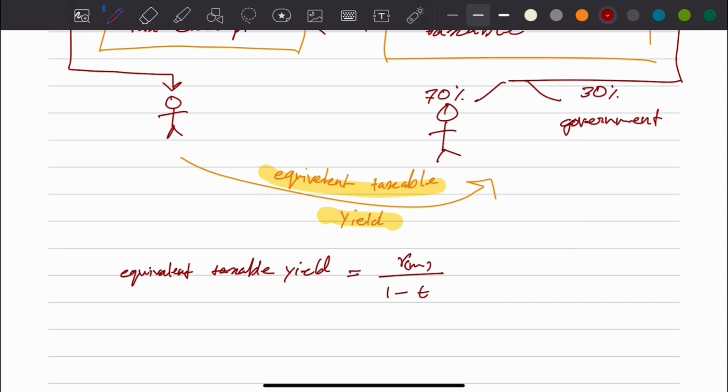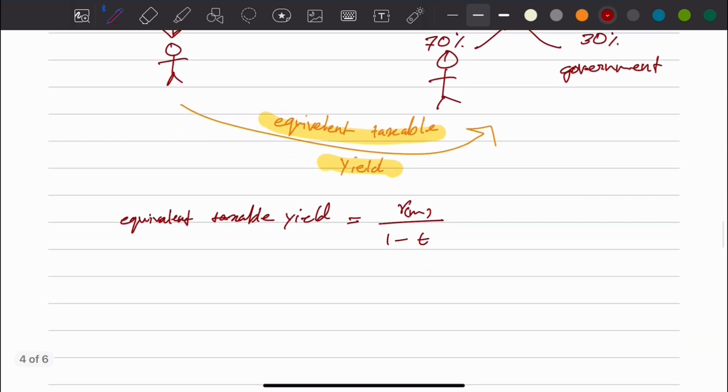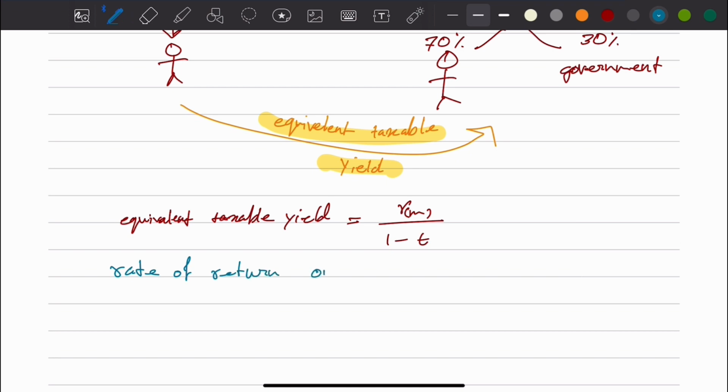Now, what was the rate on the municipal bond in problem number 14? If you guys remember, it was 4%. So let's write it here as a side note. Rate of return on municipal bond equals 4%.